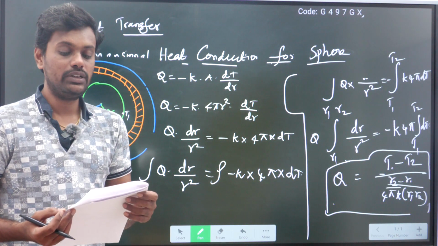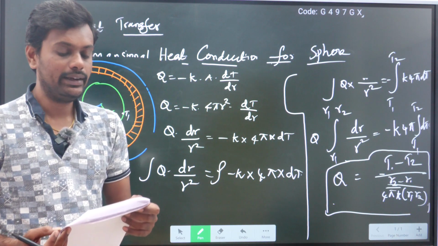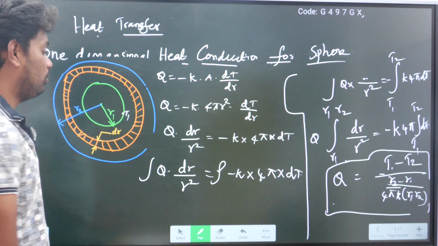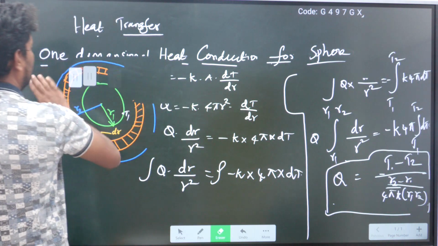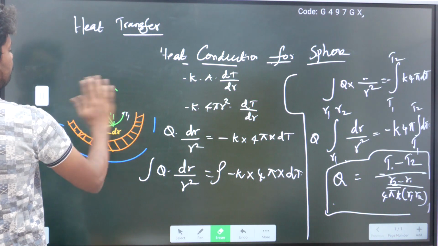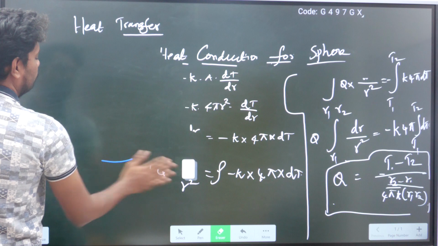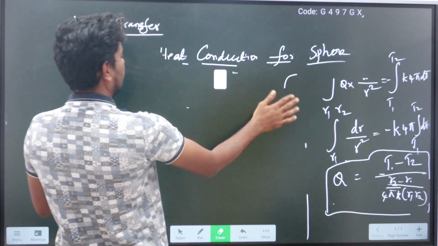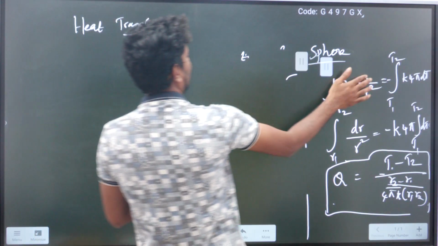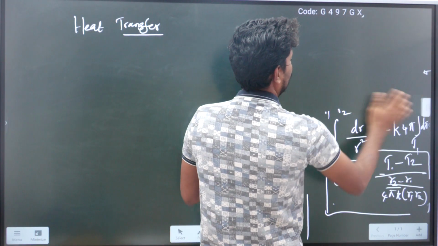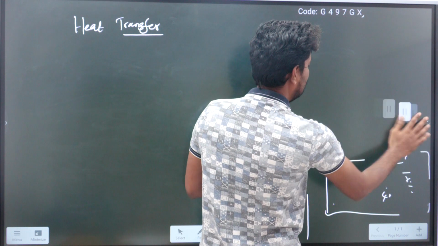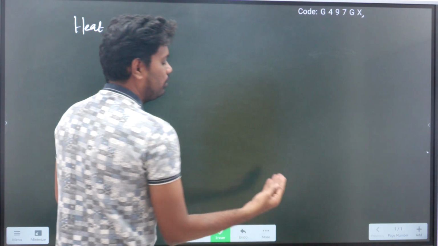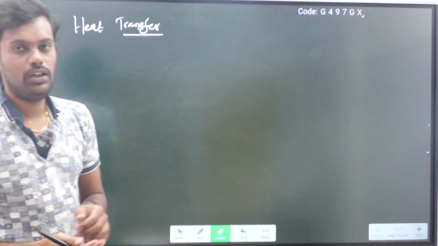The third one is the resistance concept and electrical analogy for heat transfer. So this we have to see in depth. These three formulas we need to remember, that is the one dimensional heat conduction equation for cylinder, sphere and plane wall.